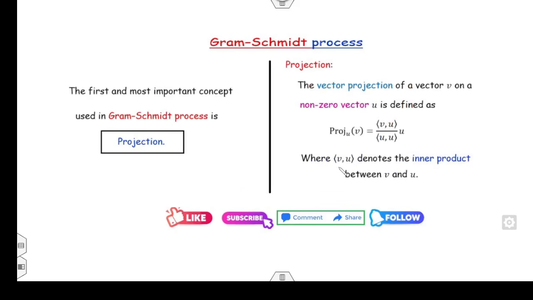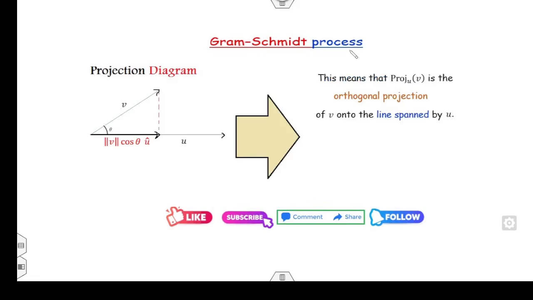So the definition: the projection of v on a non-zero vector u is <v, u> divided by <u, u> times u, where the angle brackets define the inner product between u and v, and that is the backbone of the Gram Schmidt process.